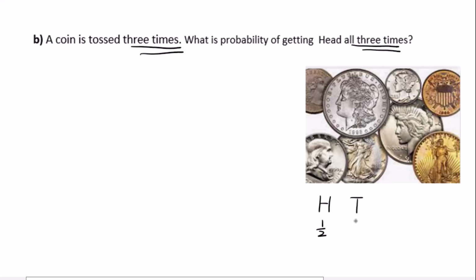Tail is 1/2. Tossing a coin 3 times is an independent event. So getting head all 3 times will be 1/2 times 1/2 times 1/2 equals 1 over 8.